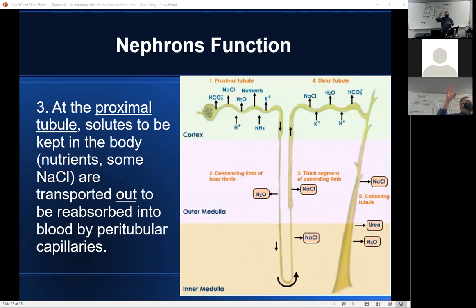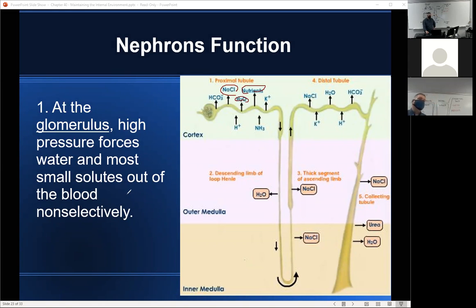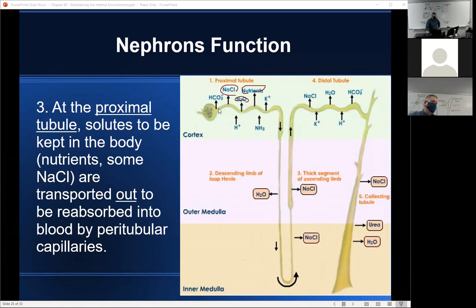Nutrients, sodium chloride, those are going to be transported out. So we're over here. Sodium chloride, nutrients, some water. These things are going to be transported out and reabsorbed by the body, reabsorbed by peritubular capillaries.